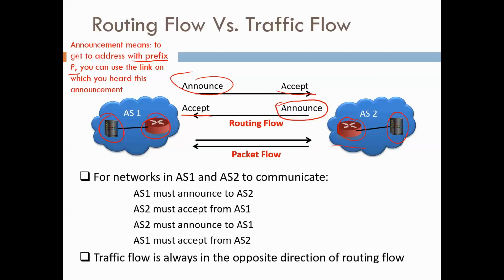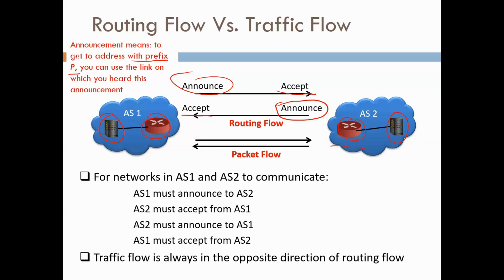So if the announcement is sent from autonomous system 1 to autonomous system 2, this announcement will identify how traffic will flow from autonomous system 2 to autonomous system 1. I will repeat that. The announcement from autonomous system 1 to autonomous system 2 identifies how traffic will flow from autonomous system 2 to autonomous system 1, meaning that the flow of the announcement is in the opposite direction to the flow of the actual traffic.